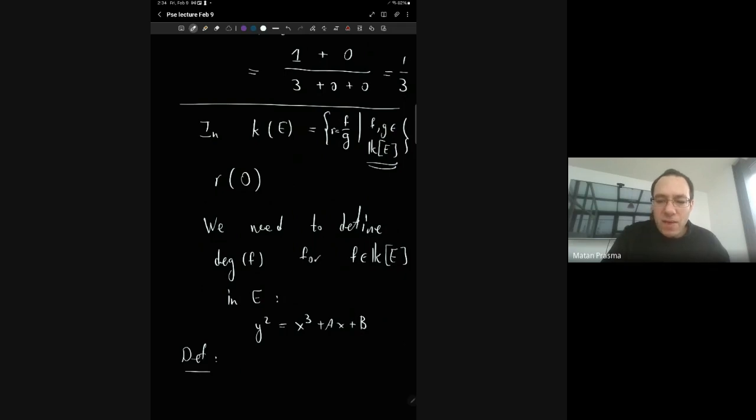And if the degree relation between the x variable and the y variable is 2/3, then we set the degree of the polynomial y to be 3, and the degree of the polynomial x to be 2.